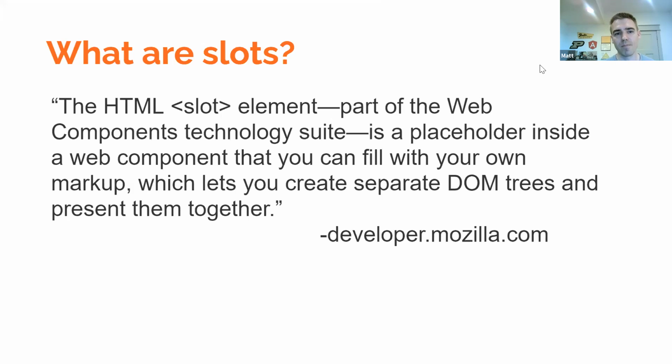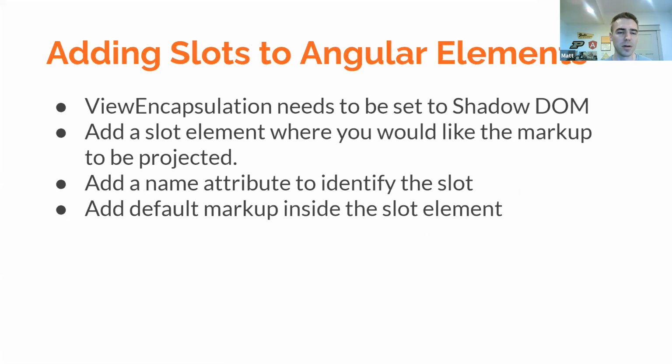You might have a title, or you might have an alternate paragraph that you want to add to your Angular element, and you want it to go within a certain position inside of the Angular element. The one thing that you need, if you're going to use slots in Angular, you have to set the view encapsulation to shadow DOM.